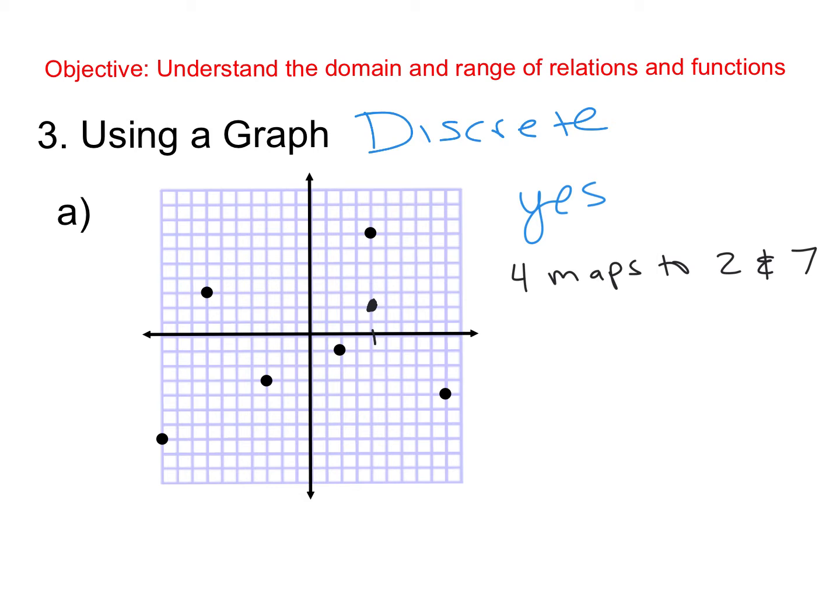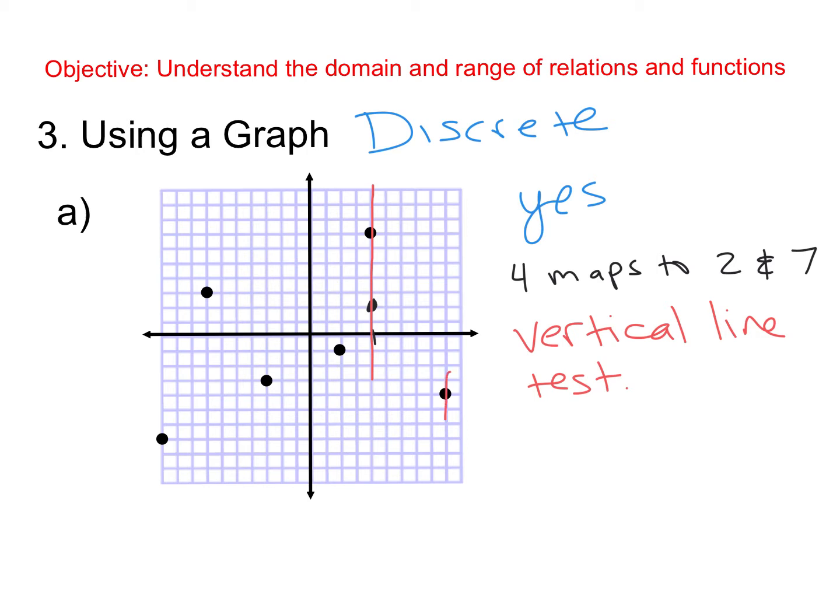Here's a quick way on a graph to tell. It's something called the vertical line test. If I draw a vertical line through this, I hit 2 different closed dots. So the vertical line test fails. I hit 2 points.